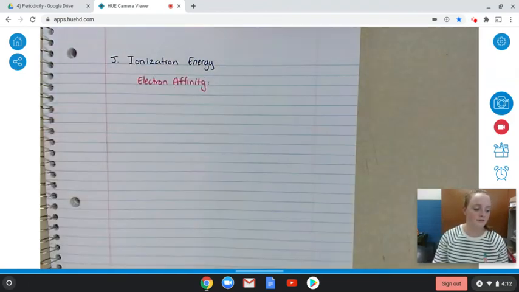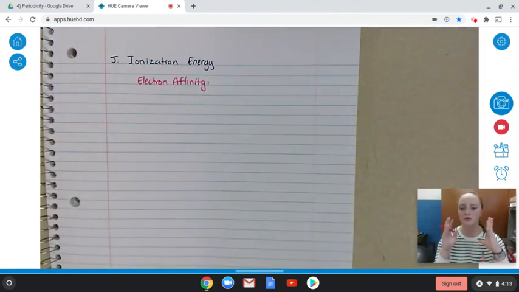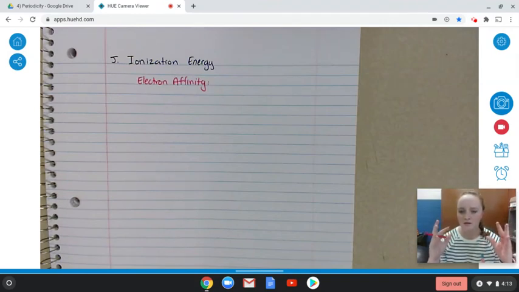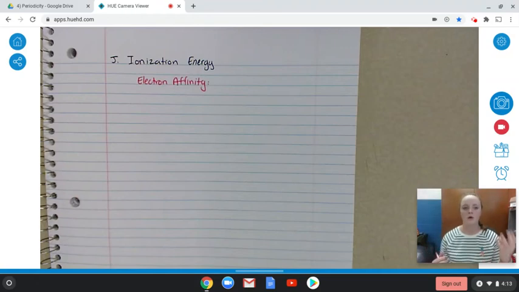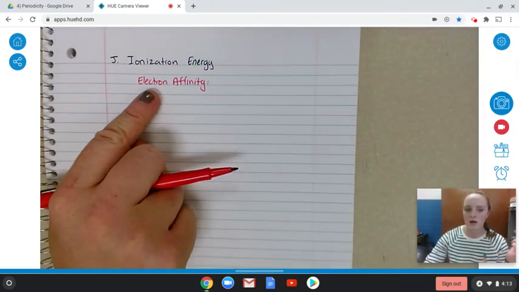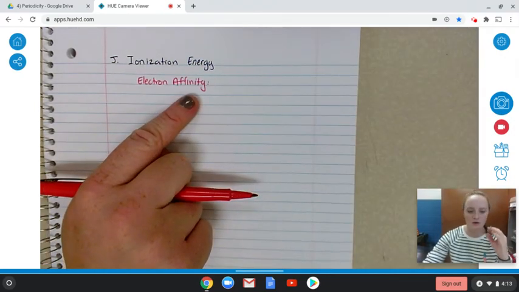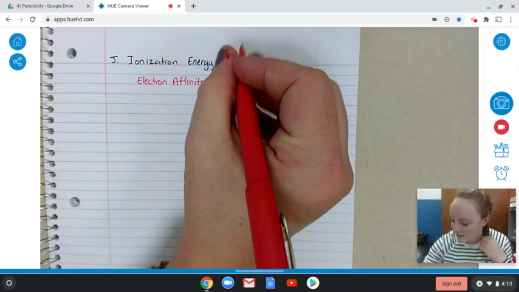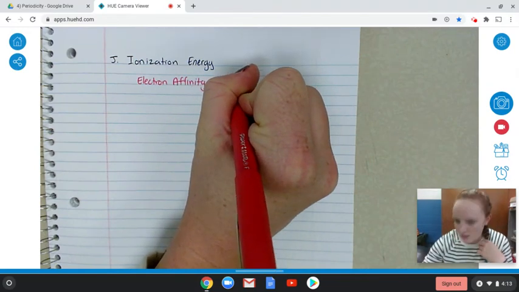And the long definition was the tendency for atoms to keep their electrons. And we do want to know that full definition, but I also want to give you a summary page about what's the big ticket word in the definition. Well, in electron affinity, what we are focusing on is keeping electrons.